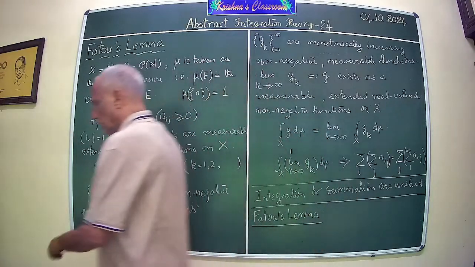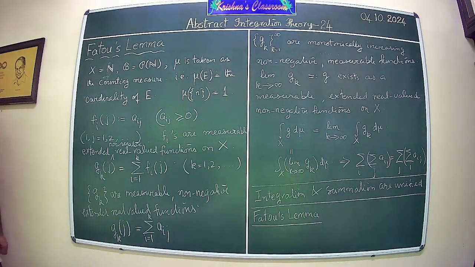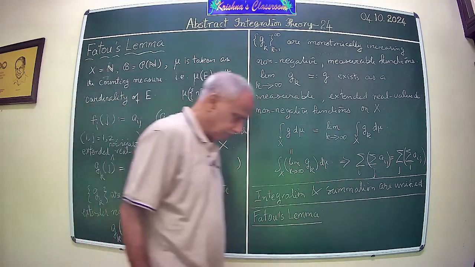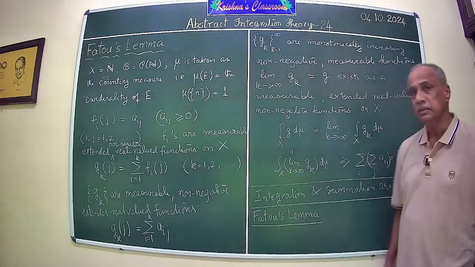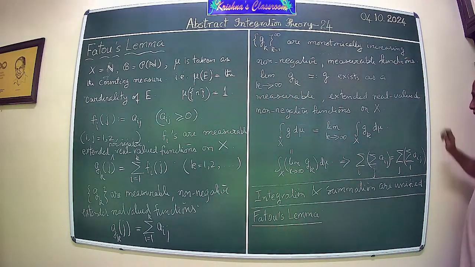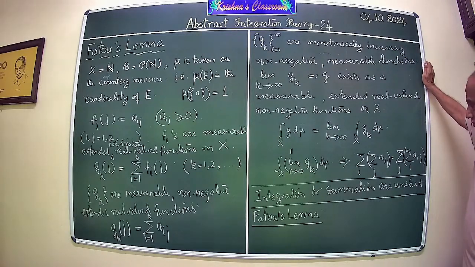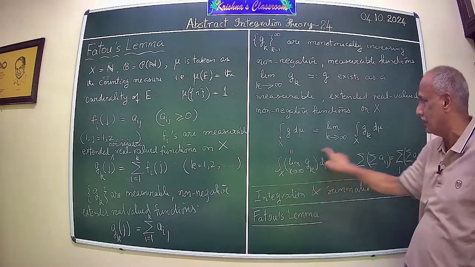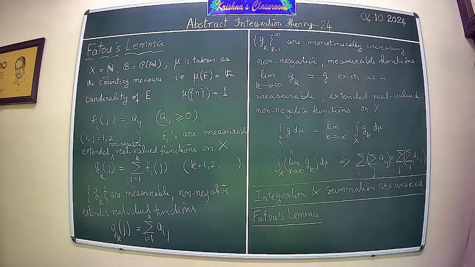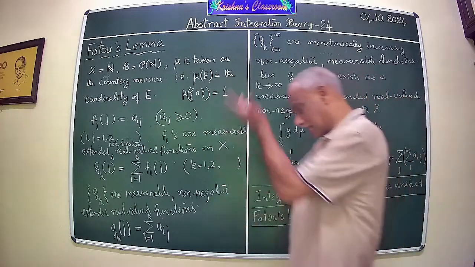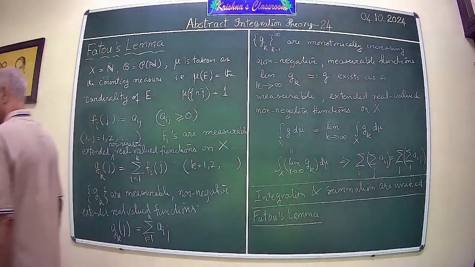If you recall the monotone convergence theorem, the limiting process and the integration process commute, provided you put a sufficient condition, that the g_k's are all monotonically increasing.